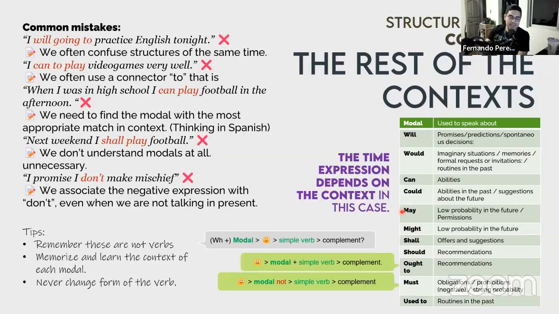In a formal context, Caesar can say, this year I may not buy a car. This sounds more formal. But what's more common? Might.